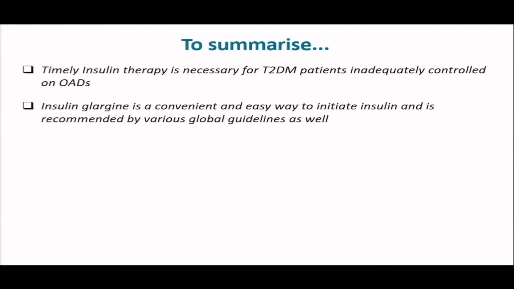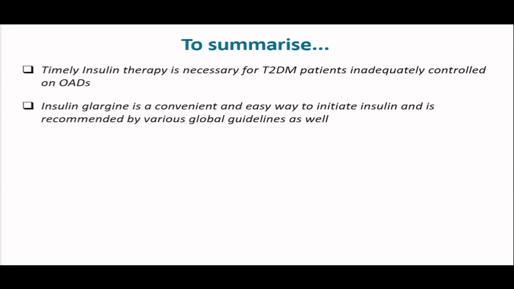Please recall that insulin glargine is an ambassador insulin. It is a physiologic, convenient, effective, safe way to initiate insulin and is recommended by a variety of global guidelines. In terms of achieving that path of glycemic control, we want to do so with as little hypoglycemia as possible.